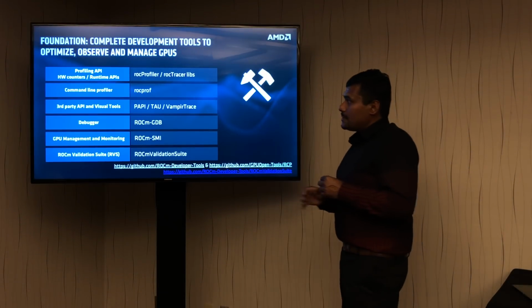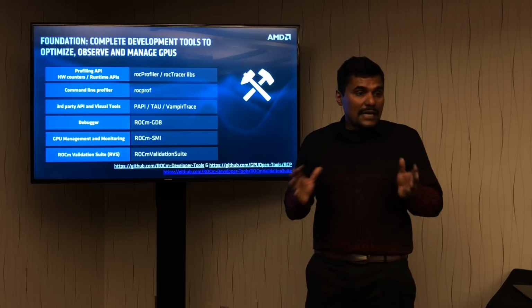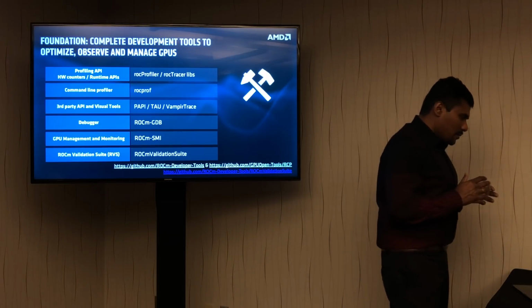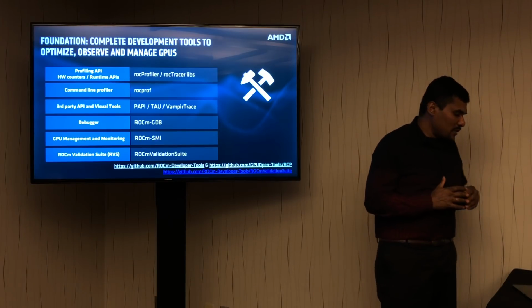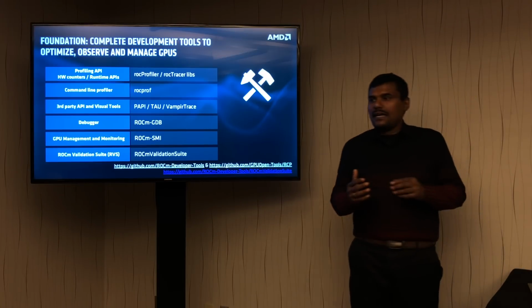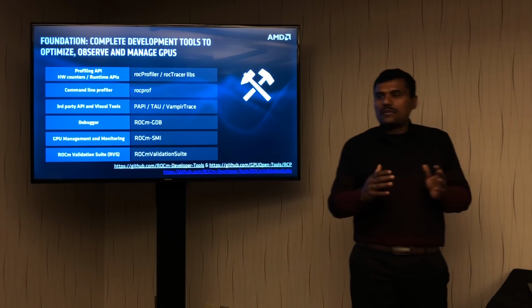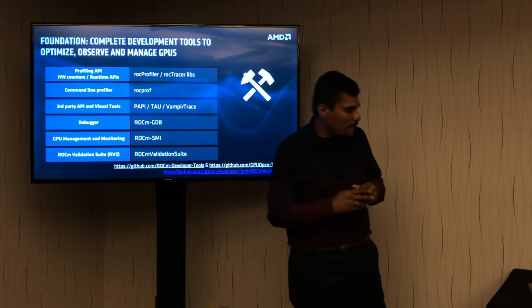The next key part of the foundation is the tools. These tools provide ultimate flexibility and give access to the information needed to debug, optimize, and scale application functionality and performance across heterogeneous compute, whether it's CPU or GPU.